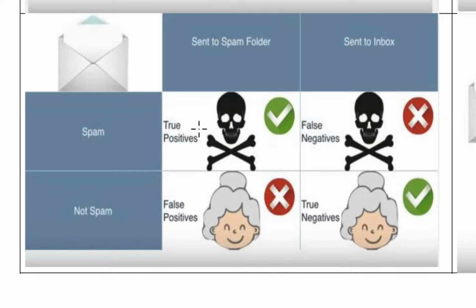True positive means that the email was a spam and it was sent to the spam folder, so that's good. True negative is that the email was not a spam and was sent to the inbox. That is good too. But false positive is that the email wasn't a spam, but it was sent to the spam folder. That's not good. And false negative is when it's a spam, but it was sent to the inbox.